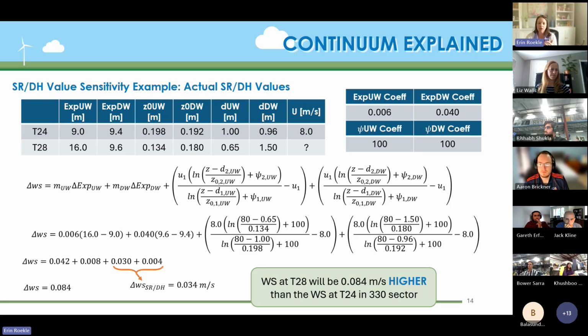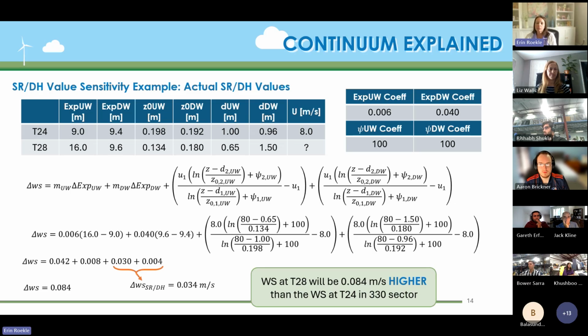The upwind for both T24 and T28 for the roughness length are similar, especially in the downwind. They're very close in number. So we're not going to expect to see very big changes in wind speed between the two, because they are very similar sites.